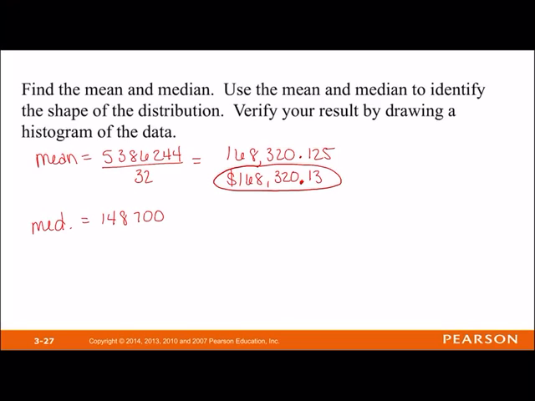So what does that mean? My median is less than my mean, so it looks like what it did on the other slide. My mean is greater than my median. So if I want to know how my data is skewed, if my mean is greater than my median, that means that my data is skewed to the right.